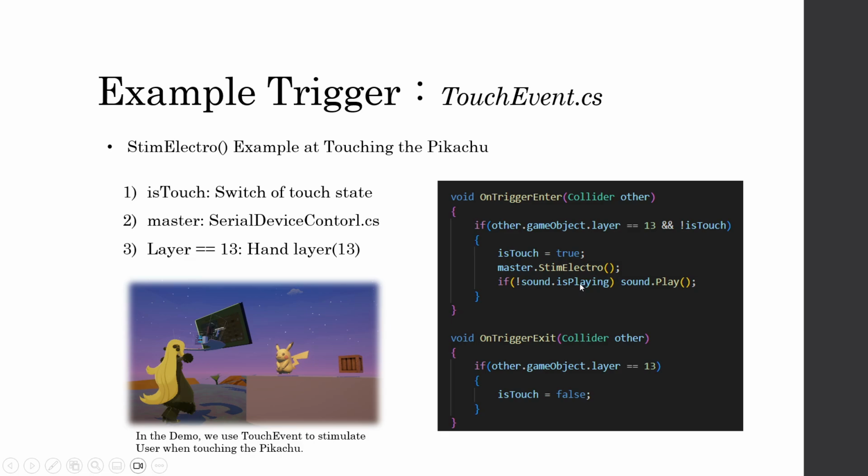When your hand leaves the Pikachu, you turn off the switch, the touch state is set to false. So this is very simple. You touch, the switch turns on, and you stimulate from the control, and you can only stimulate once because the switch is on. When you exit your hand from the Pikachu, the switch is off, so you can touch the Pikachu again and stimulate again.